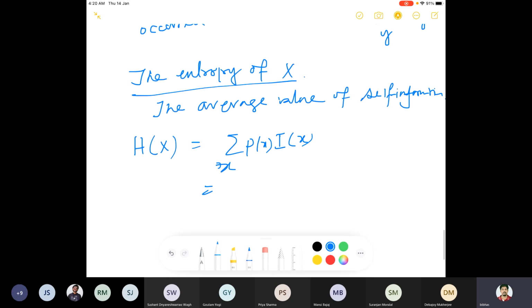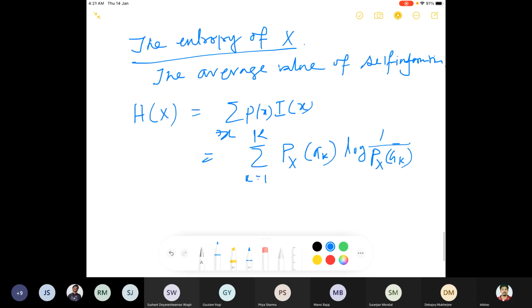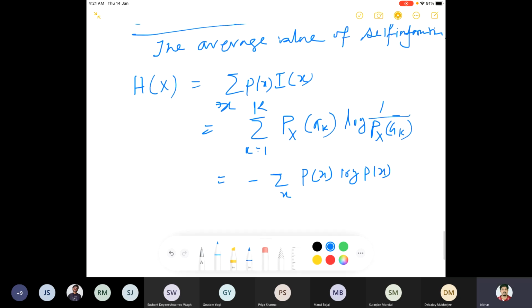According to our notation, this is the sum over k from 1 to capital K of P(a_k) times log of 1 by P(a_k). This is the same thing as saying minus the sum over x of P(x) log P(x). So this is the average value of the self information.